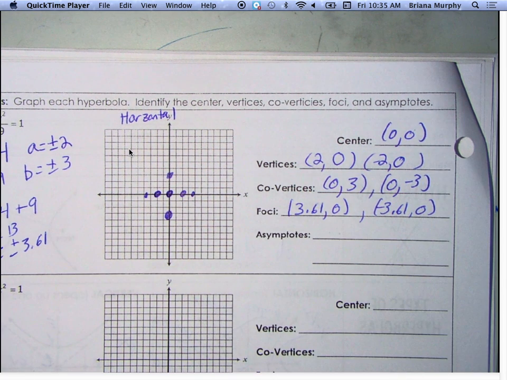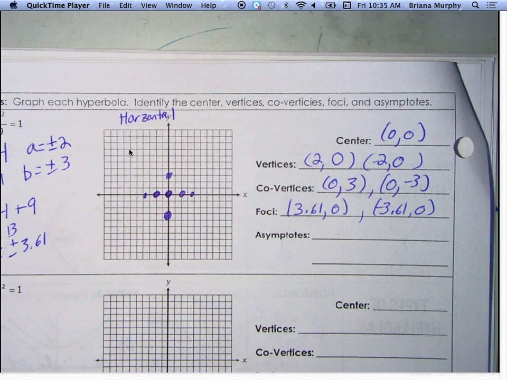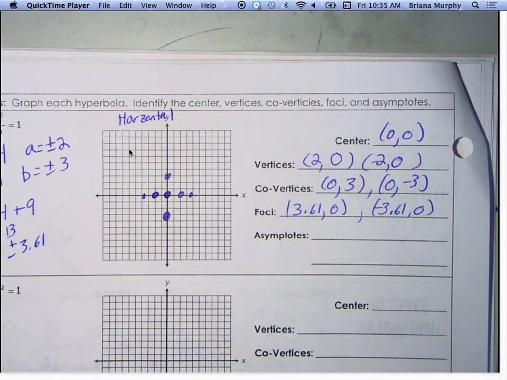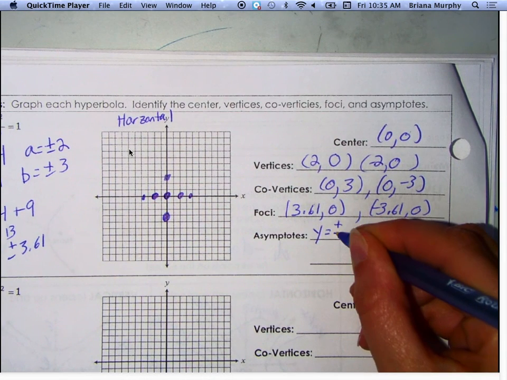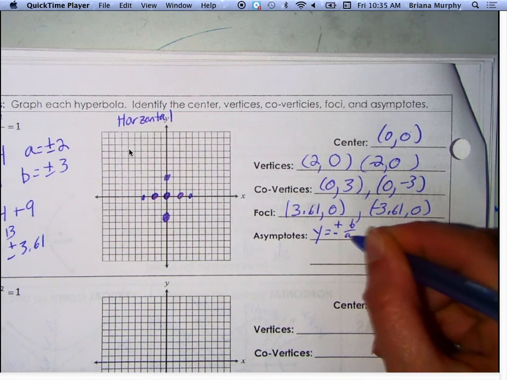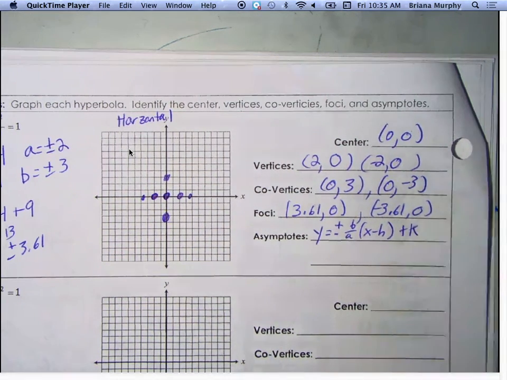Now I have to find the asymptotes. Since it is horizontal, I know it is y equals plus or minus b over a times x minus h, plus k. So what's b?